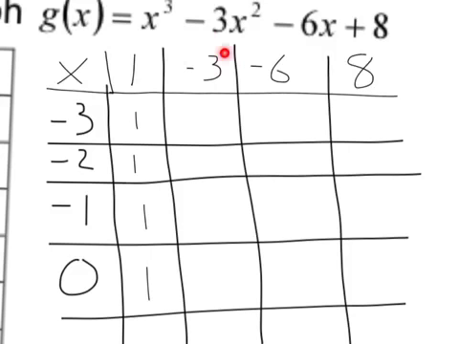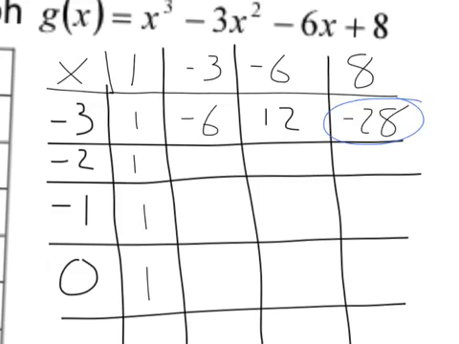So -3 plus this -3 makes -6. -3 times -6 is +18, and +18 plus this -6 is 12. -3 times 12 is -36, and -36 and +8 make -28. So there's my f of x value.